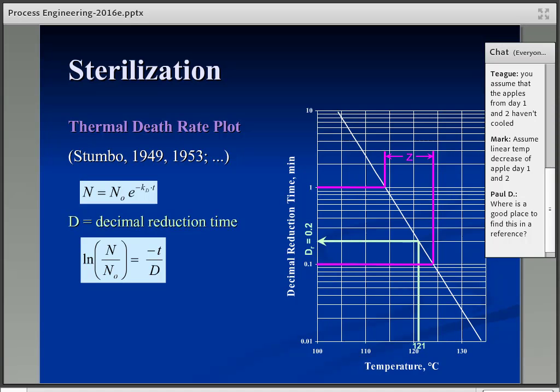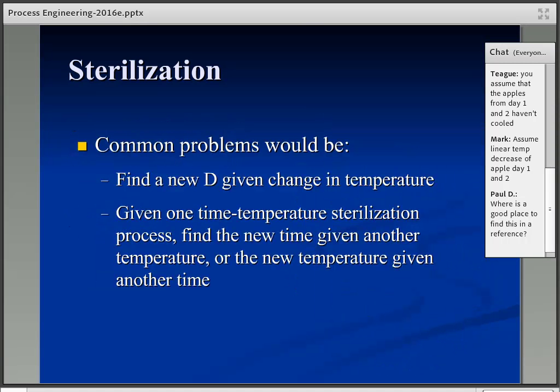But I'm going to move on to examples where we use this. A couple of common problems would be to find the new decimal reduction time given a different temperature. Another one would be, given a time-temperature process that's specified, you want to switch to a new temperature, and find the time it's going to require at that temperature.